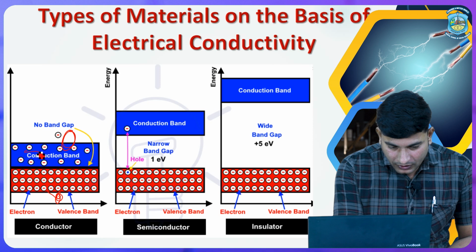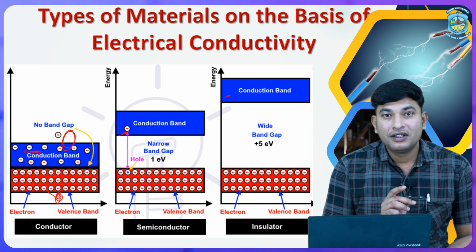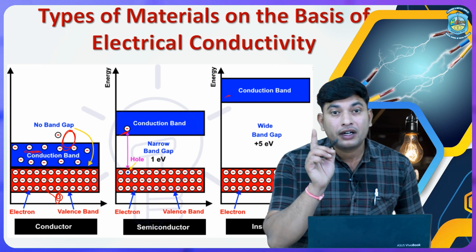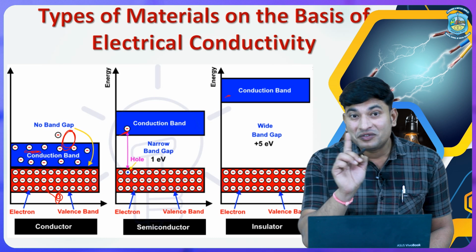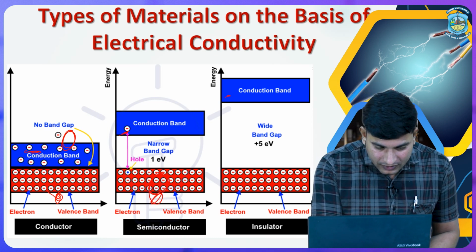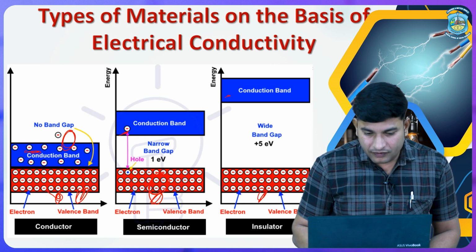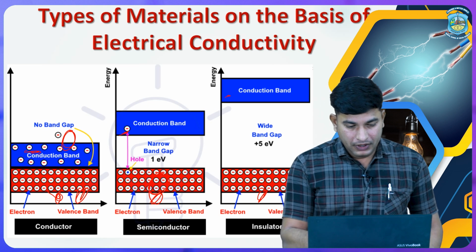Obviously, these are the electrons in the conduction band, meaning free electrons, not in their original places. Or if electrons are in these regions, they are in the valence band. Okay, so let me describe it to you.